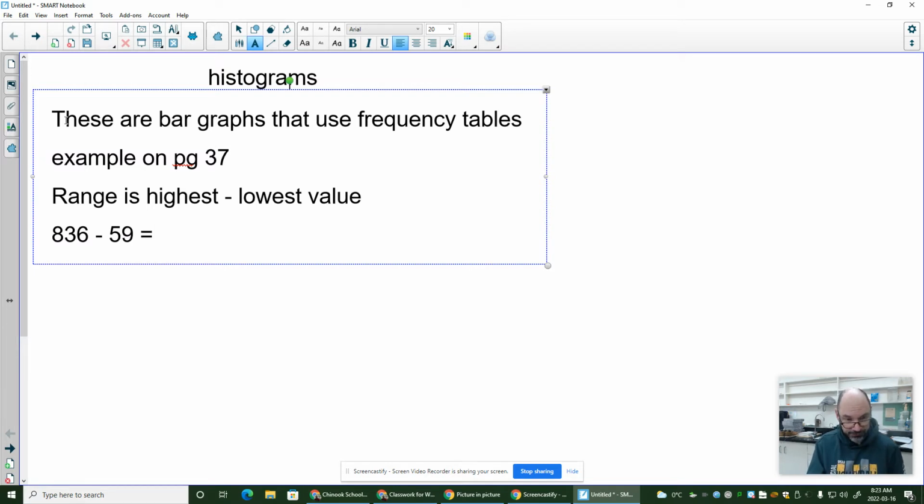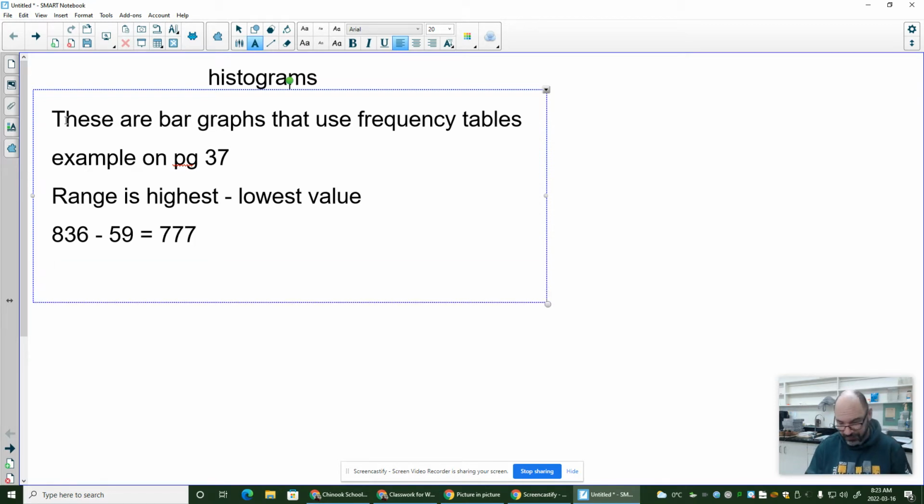That's the range. So calculator, 836 minus 59. 777. Okay, so that's the first thing they ask.